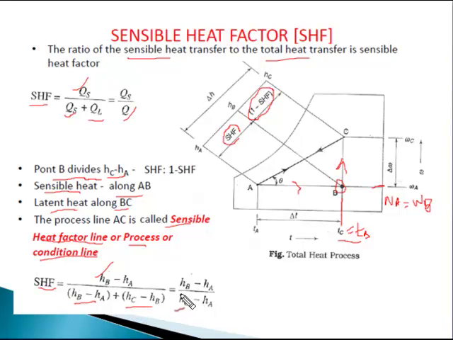Therefore HB minus HA is sensible heat, divided by total heat, which is HC minus HA. This ratio is known as the sensible heat factor.